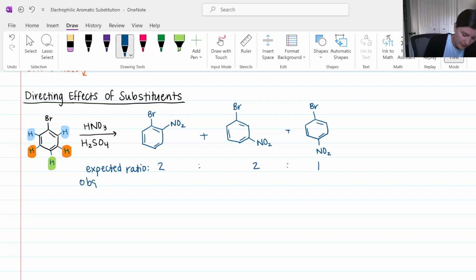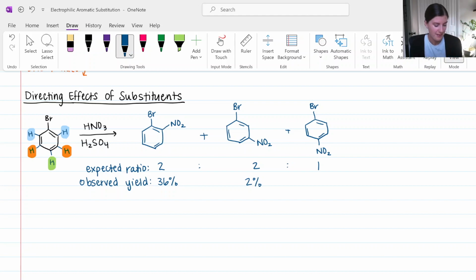However, the observed yield of these three products, ortho, meta, and para bromo nitrobenzene, is 36% for ortho bromo nitrobenzene, 2% for meta bromo nitrobenzene, and 62% for para bromo nitrobenzene.